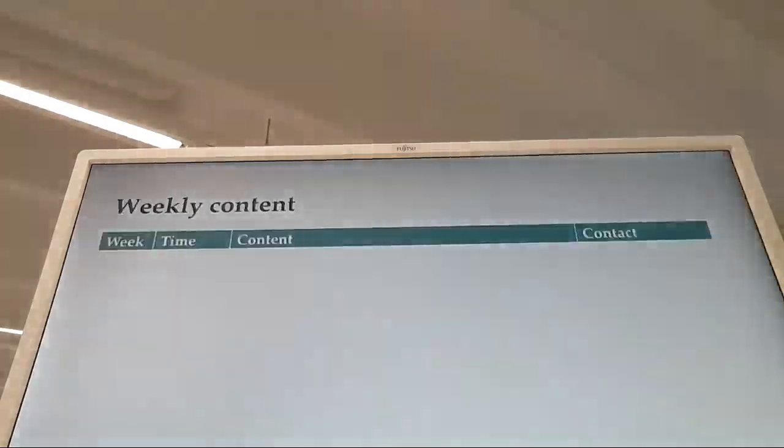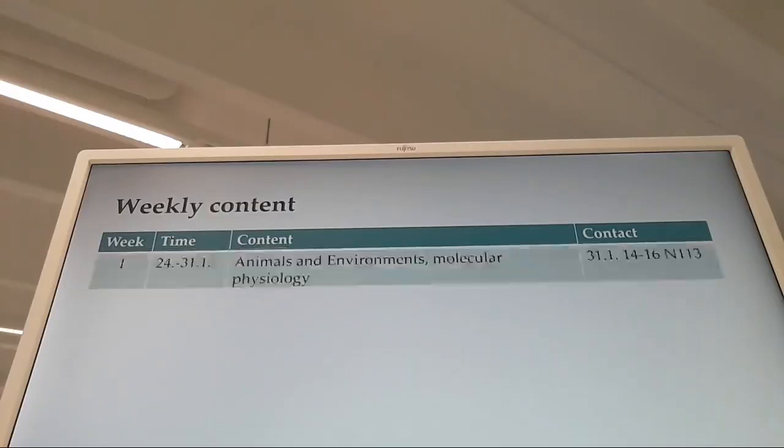And what kind of content will we have there? Well, the week always starts in my calendar on Thursday and ends on the next Thursday. The first week is on animals and environments. It's kind of an introduction to these topics, with some molecular biology, some things that perhaps you already know from your bachelor studies.